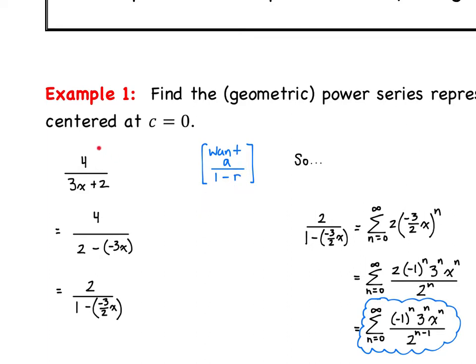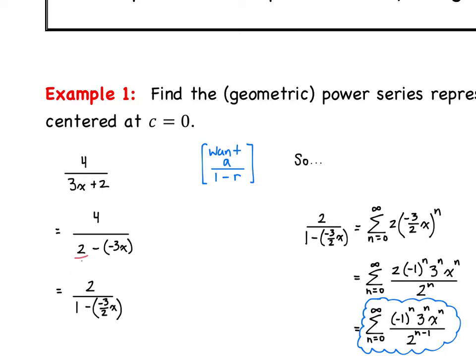All right, so the first thing I'm going to do is swap these two, and say 2 minus a negative 3x in my denominator. So it doesn't change anything, but it's the start of getting it in this format. My other concern is this value here needs to be 1. So what do we have to do to each term?